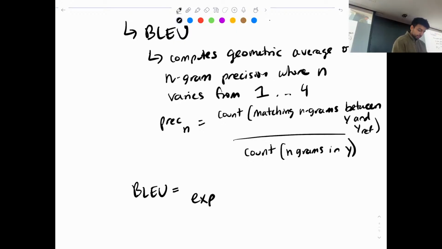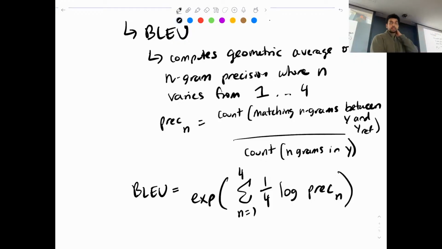So the formula for BLEU is we're going to sum up, from n equals 1, the precision of different n-gram values.